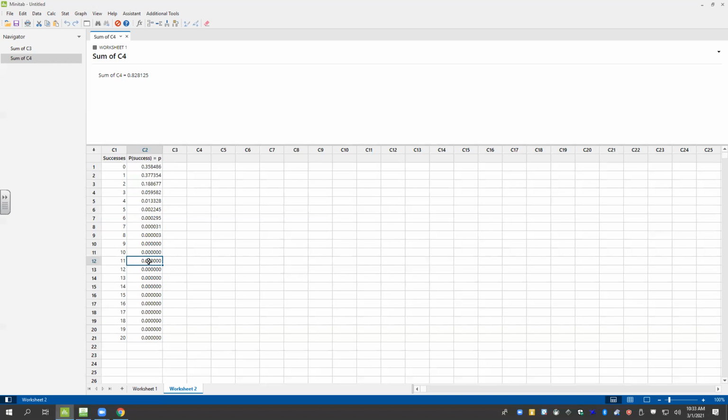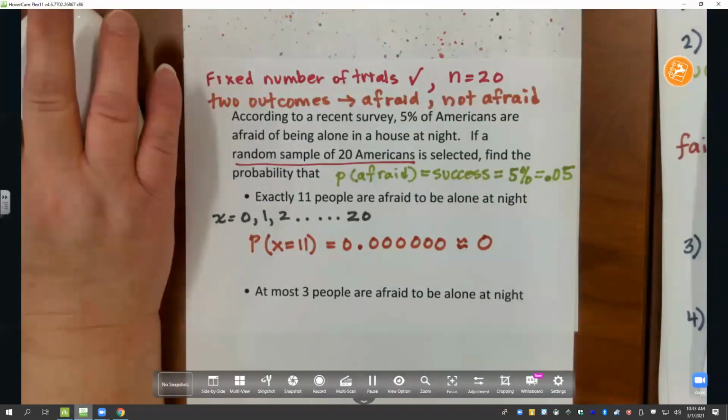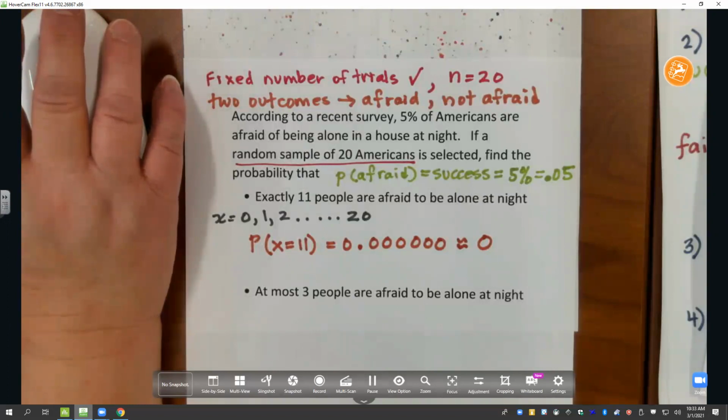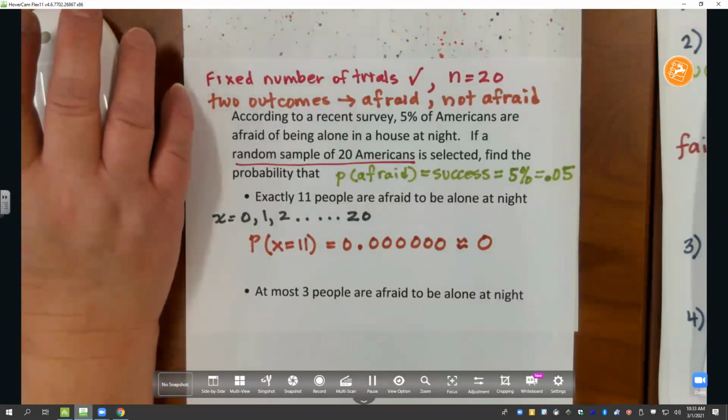So for all intents and purposes, you would not get exactly 11 people who are afraid to be alone at night. It's virtually telling you it's an impossible event.